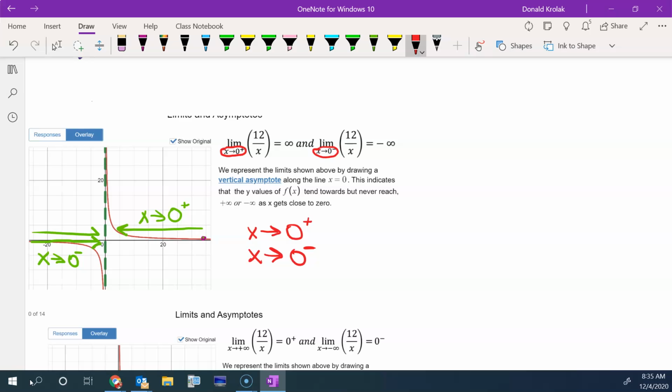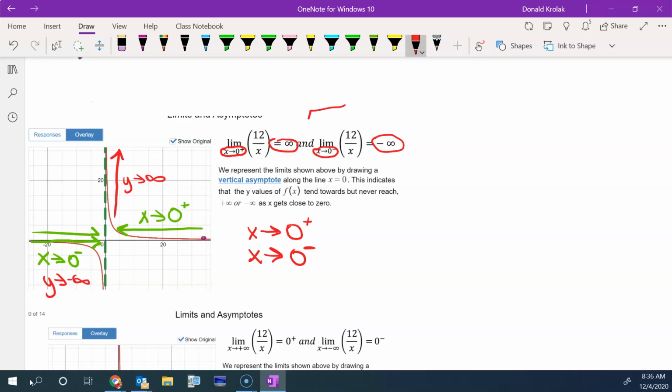Then this is what the y coordinate is doing, or what the y coordinate does when you move that way. On this one, when x moves towards 0 from the right, the graph shoots up, so the y coordinate is going up to infinity. Over here, as I move into 0 from the left, the y coordinate shoots down, so I say y is going towards negative infinity.